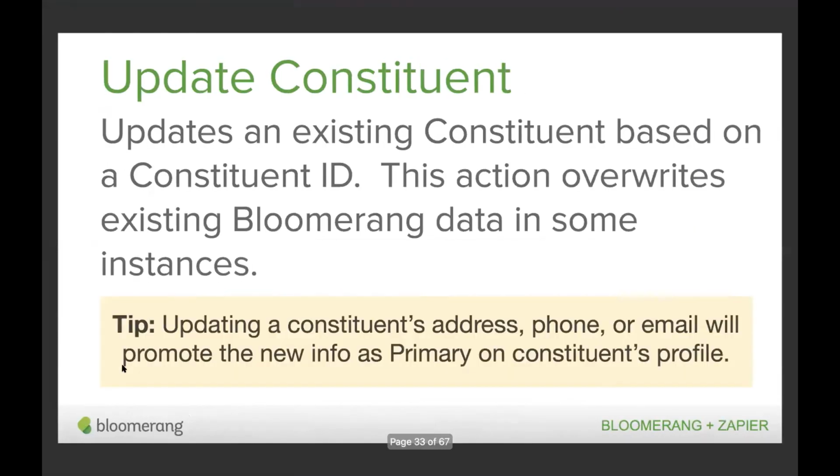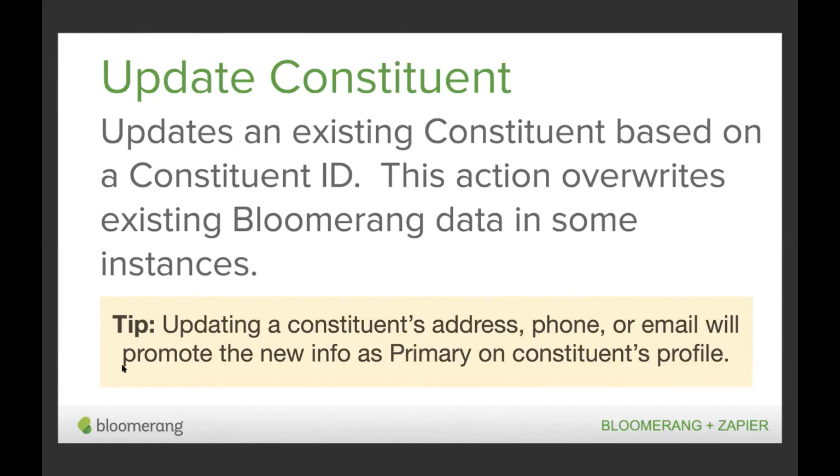Now, the last action that's available is to update a constituent. So update constituent updates the constituent's name, contact information, or even custom fields for a specific constituent. Now, it's important to note that this action can overwrite data of existing constituents, so it's important to be careful and intentional when using it.